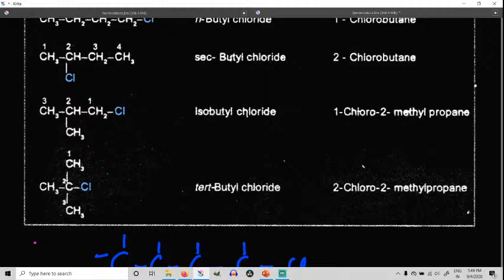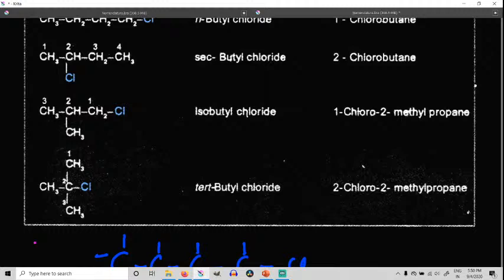In this case, chlorine belongs to the halogens, so it should always be used as a prefix. So 1-chloro, 2-methyl, and the straight chain has 3 carbon atoms. So 1-chloro-2-methylpropane will be the correct answer.